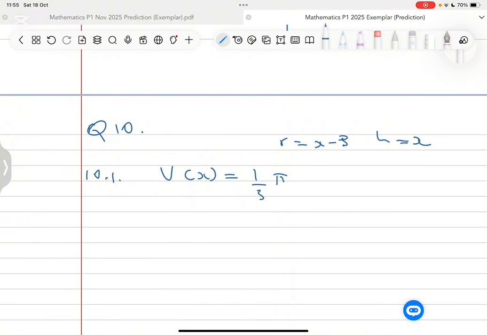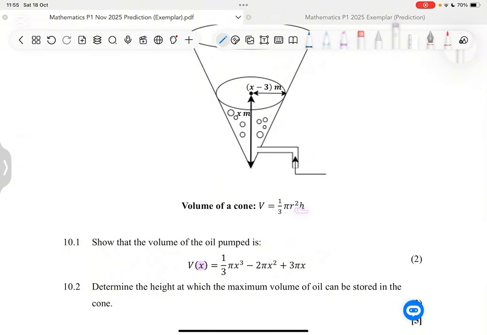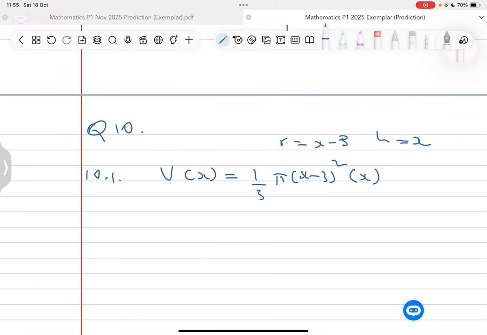So 1 over 3 pi r squared, so the r squared here would be x minus 3 squared times the height, which is h here. And from here, this question becomes very boring, because we can just simply solve this and we should get the formula that we're given there.